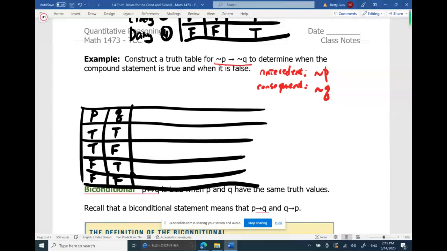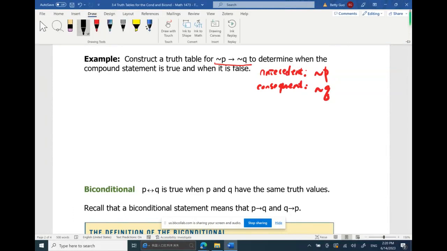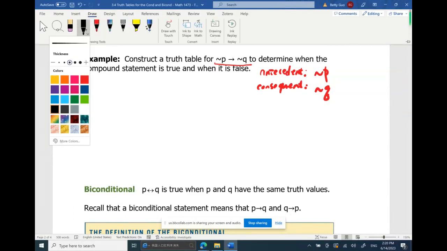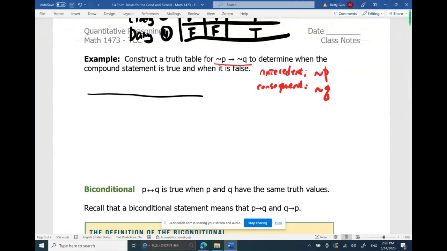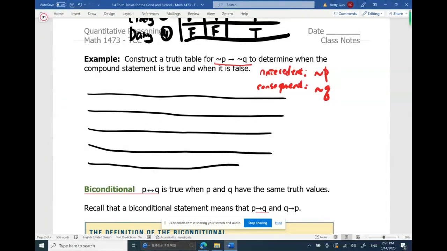Okay, let me redo this table. It's not very nice. Draw a better table. 1, 2, 3, 4.